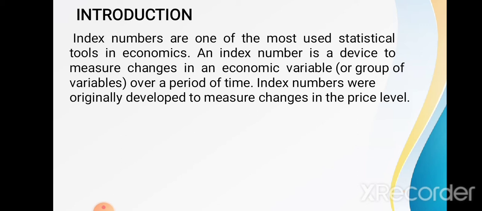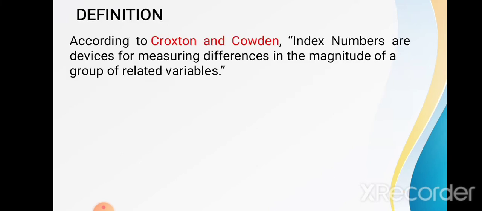So index number is also used in stock market prices, cost of living, industrial and agricultural production changes, changes in exports, changes in imports, etc. Index numbers are not directly measurable, but they represent the relative changes. I hope the introduction part is clear to you.